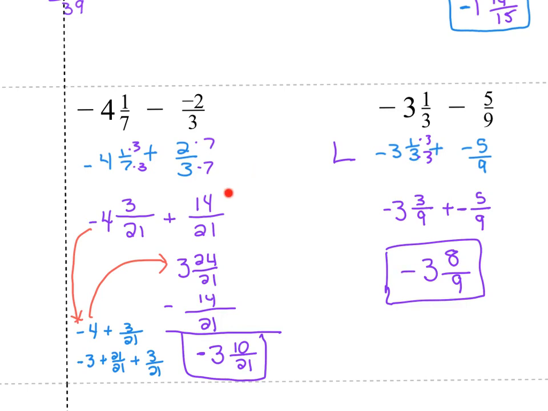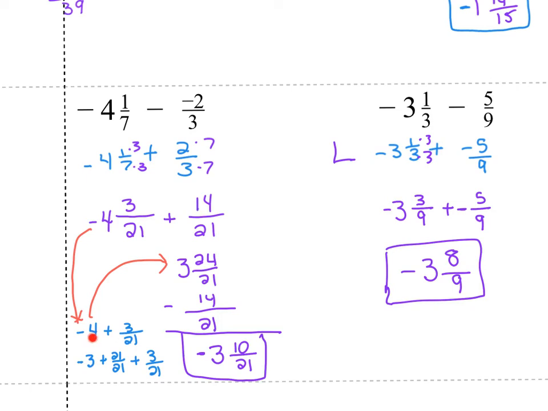This one, like the last problem, was a little tricky because once we changed it, we were going to subtract. So I changed them to like denominators, and then I set up my subtraction problem. But because this 3 is less than 14, and I'm subtracting, we needed to change it to a number where the numerator was greater than 14.